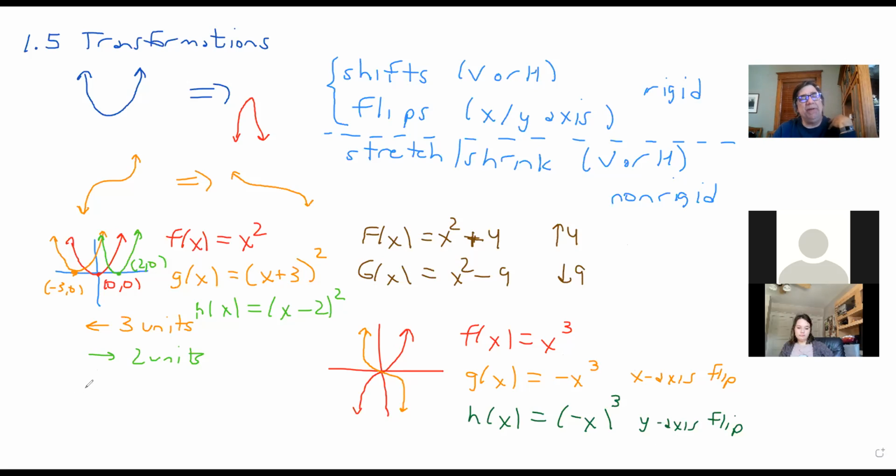One that may or may not be helpful would be looking at a table of values. So if you have a table of values, and I say, tell me what the transformation would look like here if I shifted everything 3 units to the right, for example.